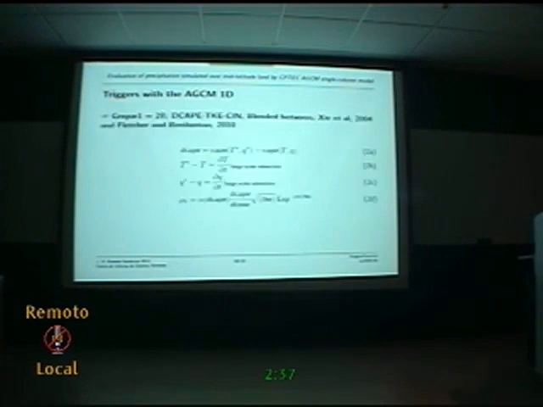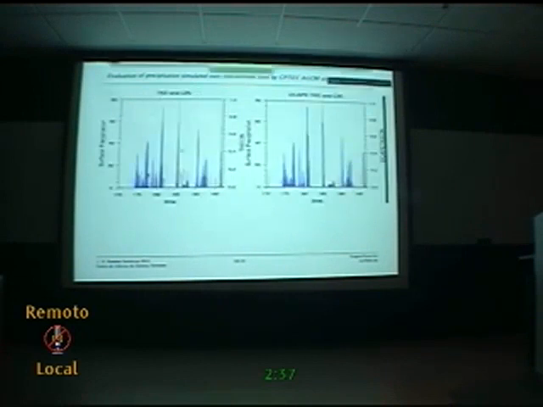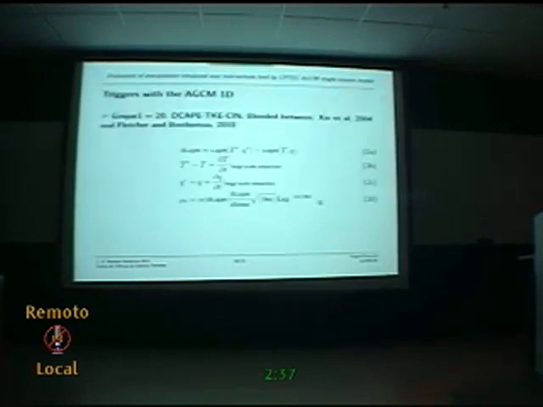And the DCAPE TKE-CIN, this trigger on the right, is basically computed in this form, where T star and Q star are modifications of the temperature and moisture due to large scale advection. And the trigger is like this.